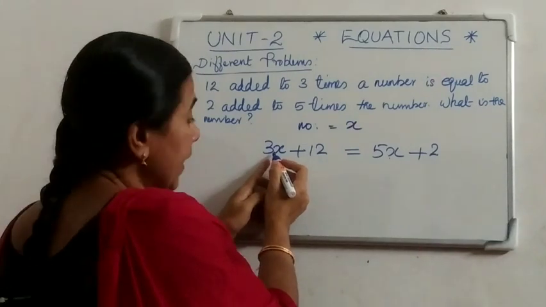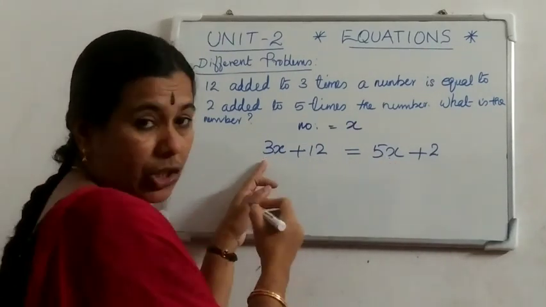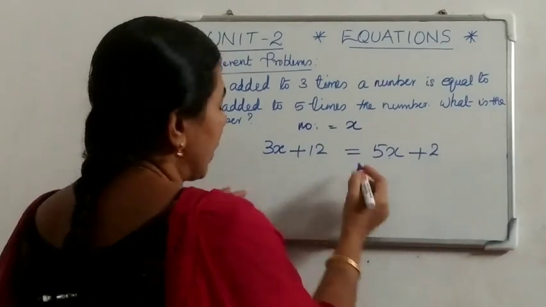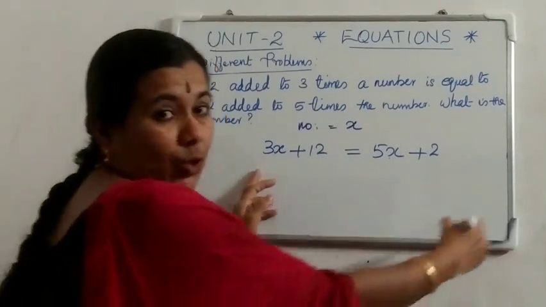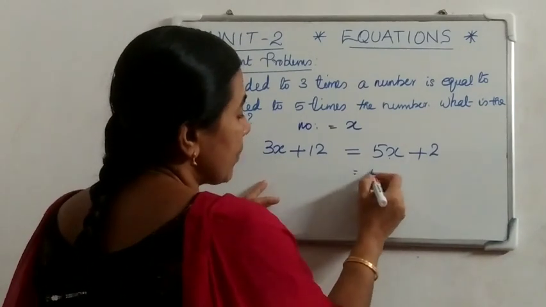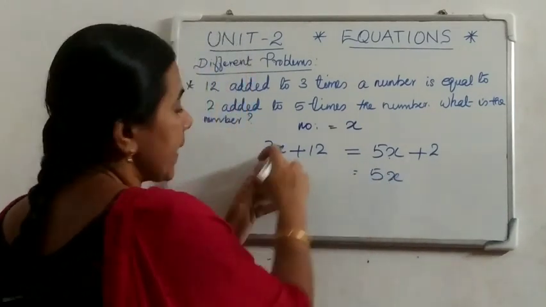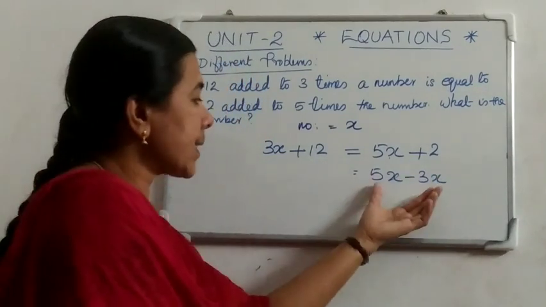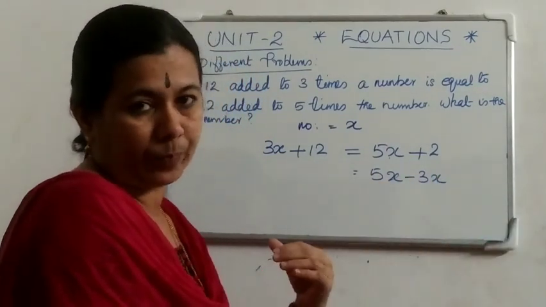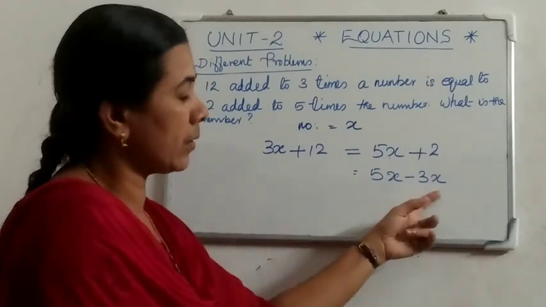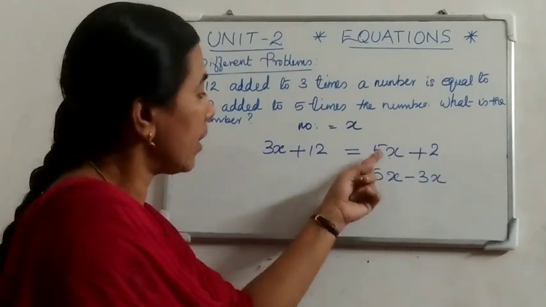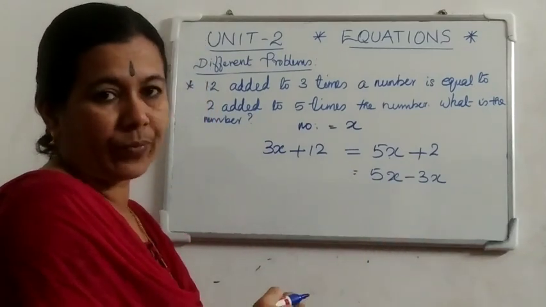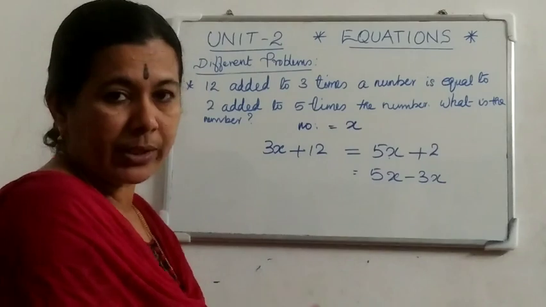With respect to the variable x, which one is larger, 3x or 5x? 5x is the larger one. Therefore, we can take this 3x to the right side as minus 3x. Now x is on the same side: 5x minus 3x. Similarly, we can combine the numbers.